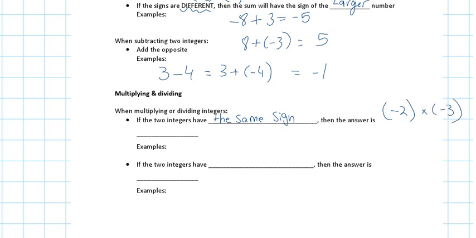If you're multiplying two that have the same sign, so they're both negative, your answer is going to be positive. If I'm multiplying a 2 times a 3, they're both positive, again, your answer is going to be positive. So if I'm multiplying two integers that have the same sign, then the answer is going to be positive. Negative times negative is positive. Positive times positive is positive.